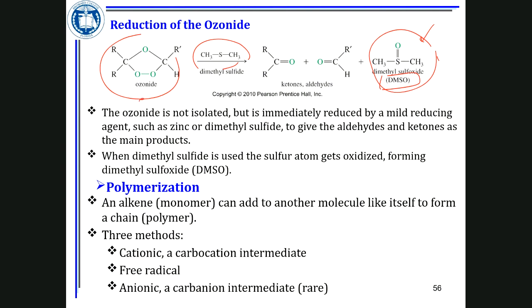So you start with the alkene, and you end up with the aldehydes and ketones. This intermediate is not going to be separated, so it's not stable.